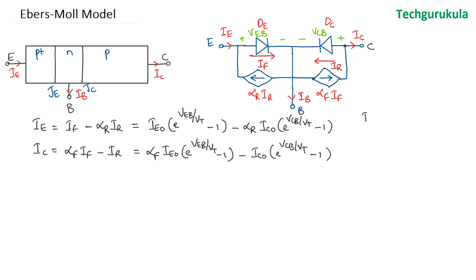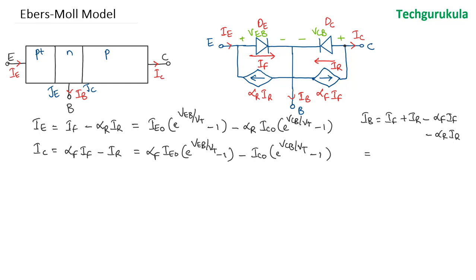Now coming to IB, IB is equal to IF plus IR minus alpha F IF minus alpha R IR.